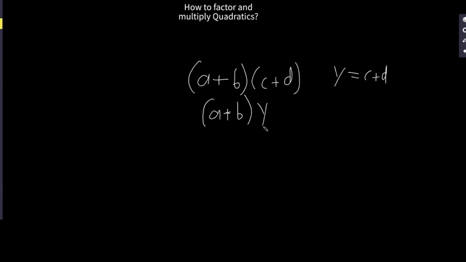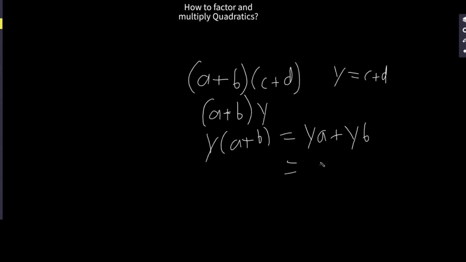So (a plus b) times y, and now we can distribute. If you don't see why we can distribute, hopefully if we write it in this way, you may be able to see how. So this is y times a plus y times b. Okay, but what is y? y is just c plus d.